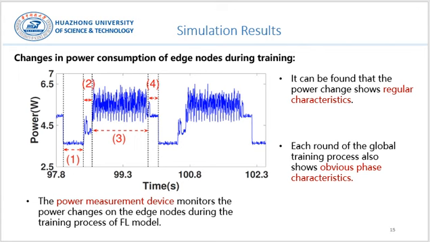It can be found that the power change shows regular characteristics, and each round of the global training process also shows obvious phase characteristics. Next, we will show the simulation results.